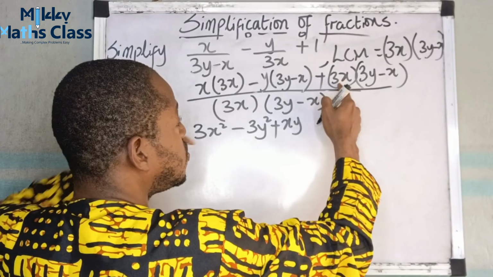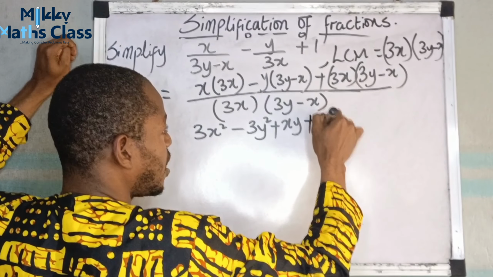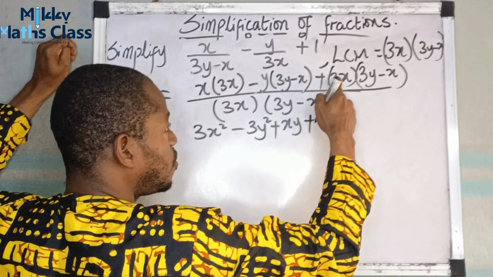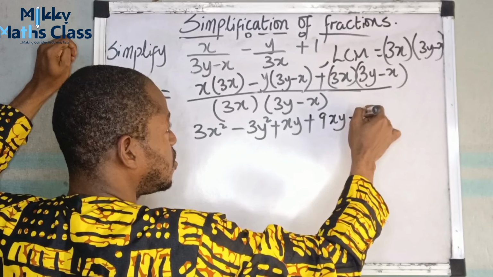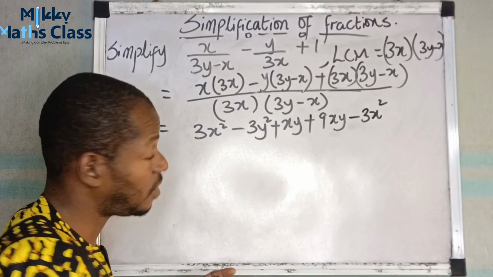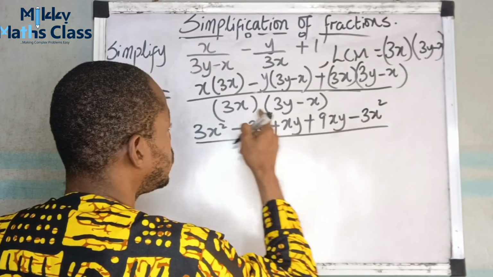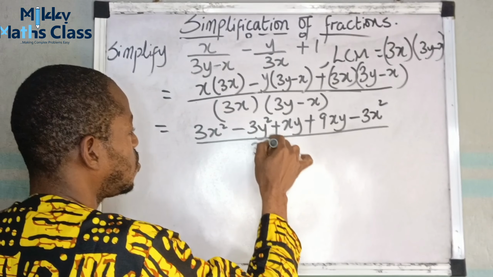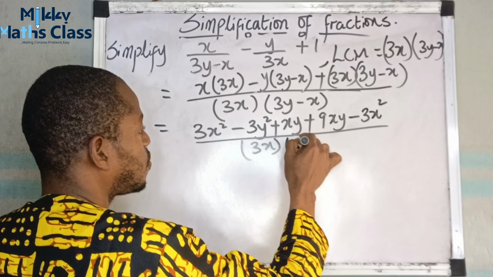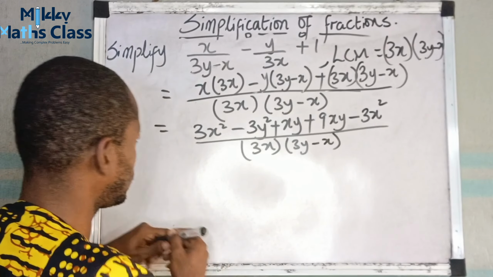Let's expand this in this, that's plus 3 times 3, that's 9xy. 3x times negative x, that's negative 3x squared. Okay, so we have ended up expanding the numerator over, don't forget we still have our denominator, 3x into bracket 3y minus x.